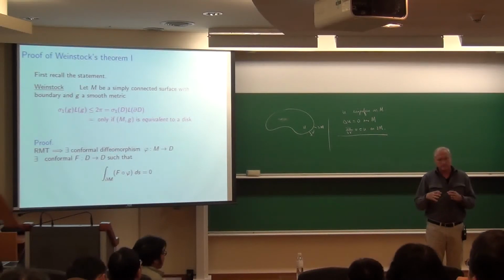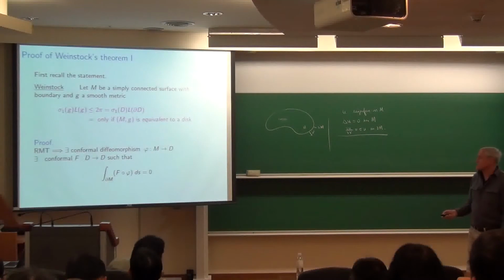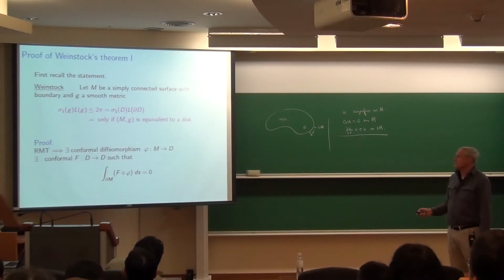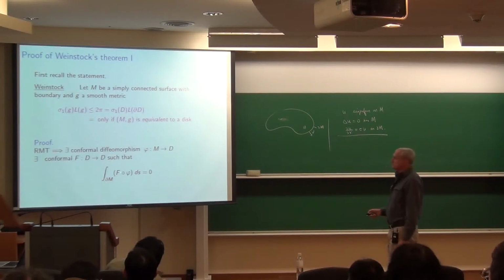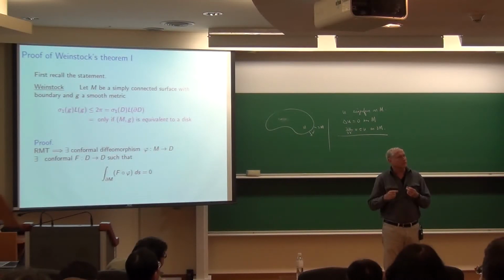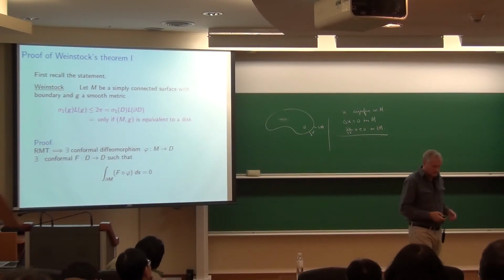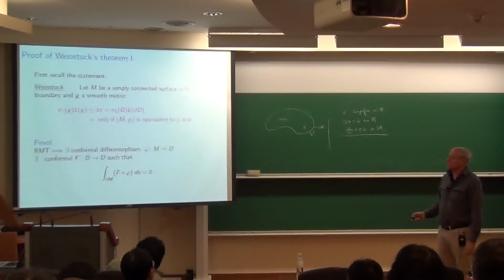In this case, because it's a surface with boundary, it has to be the disk. So there's a conformal map, a diffeomorphism, called phi, to the disk. The idea is to use the variational characterization and balance the map. We use the fact that the conformal automorphism group of the disk is large enough to balance the map with respect to the boundary arc length measure.